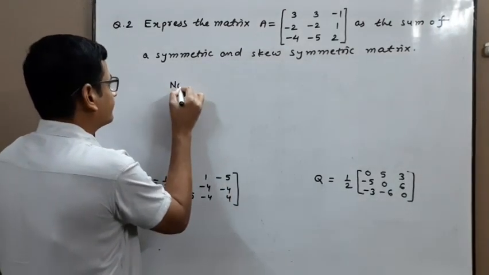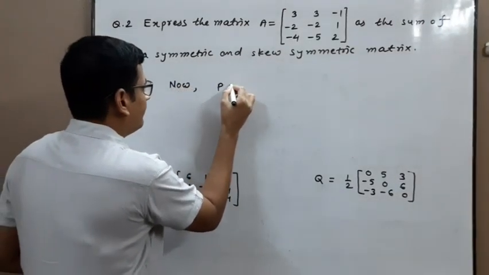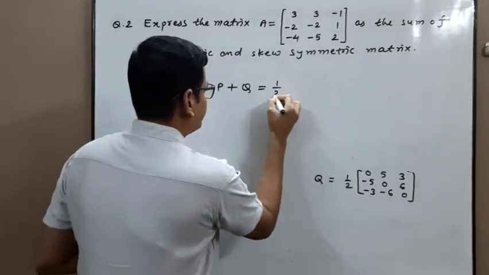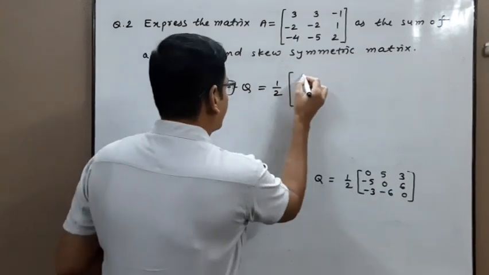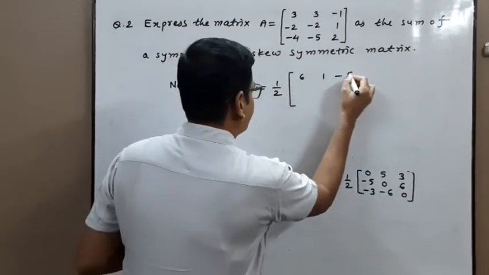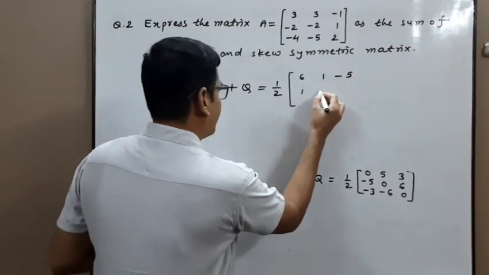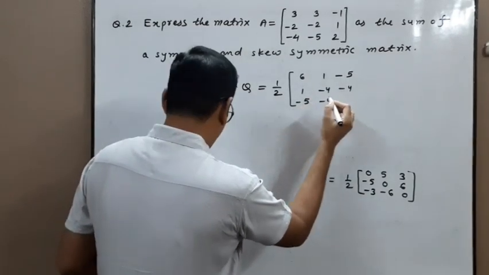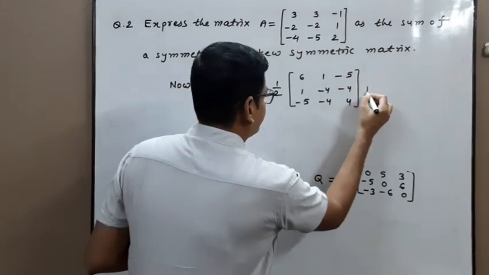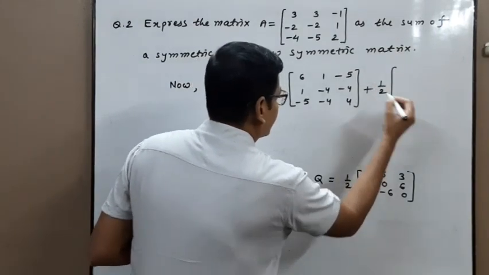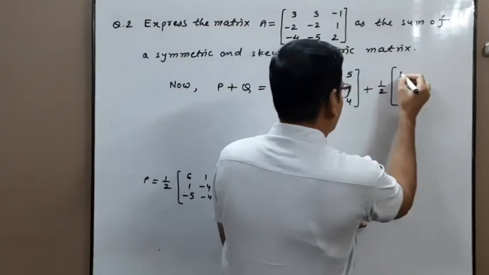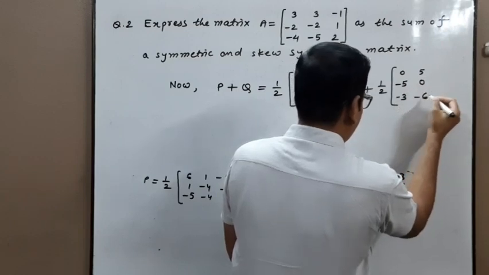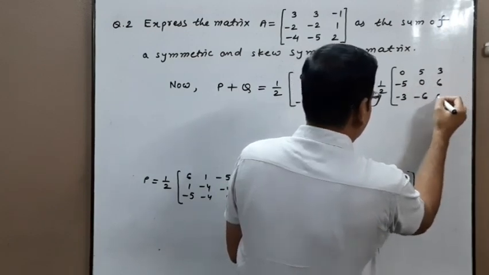Now P plus Q equals P, which is this, 1 by 2 times 6, 1, minus 5; 1, minus 4, minus 4; minus 5, minus 4, 4, plus Q, which is 1 by 2 times 0, minus 5, minus 3; 5, 0, minus 6; 3, 6, 0.